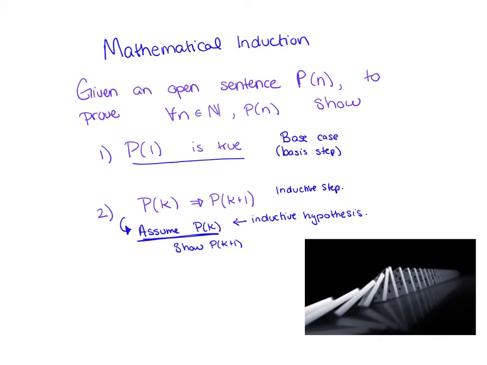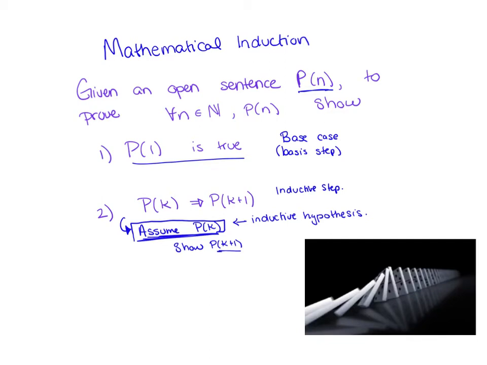It's going to be kind of weird because it's going to look like we're assuming what we're trying to prove. So I specifically changed the letter to k there instead of n, so it looks a little bit different. But remember, this is just part of proving that conditional statement as part of our induction step. Because I need to prove this if-then, I need to assume the if and then show the then.